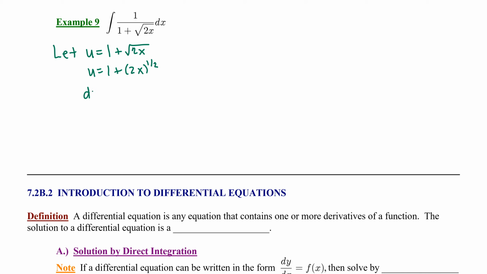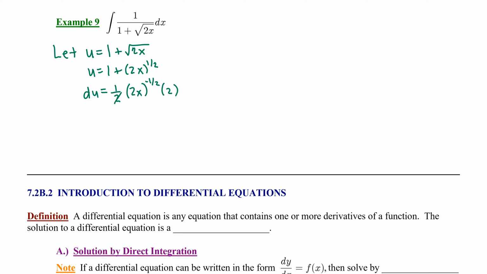So when I find du, of course the derivative of 1 is 0, we're going to have to apply the chain rule. So we have the power 1/2 down in front, the base stays the same, we subtract 1 from the exponent, and then we multiply by the derivative of the base.